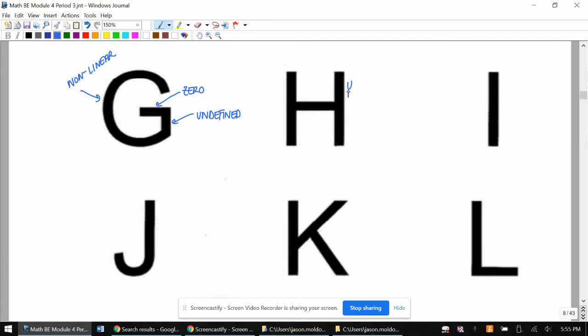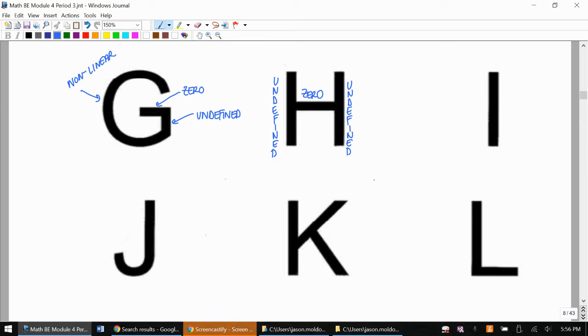H, you can start with whatever part you'd like. I'm going to do the vertical parts, undefined for the vertical. And the horizontal is 0. I, undefined.